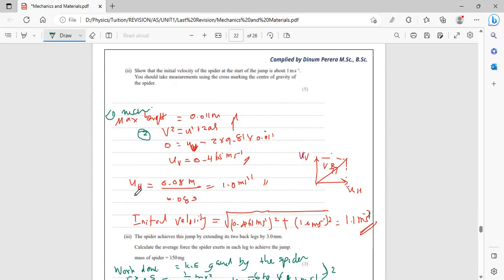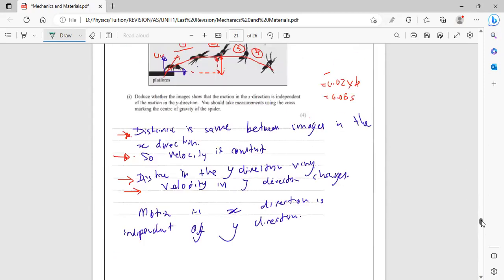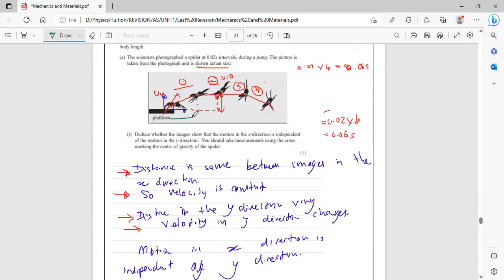Right? You can find that by considering the horizontal motion. You can find the horizontal distance, measure it. Measure the horizontal distance from the center of gravity of the first image to the center of gravity of the fifth image.